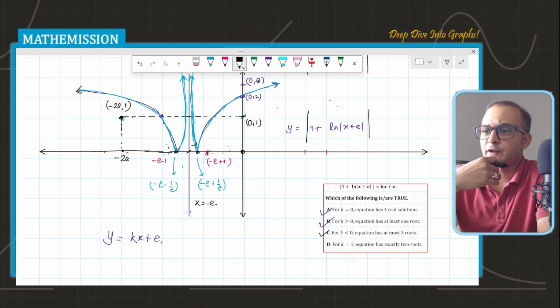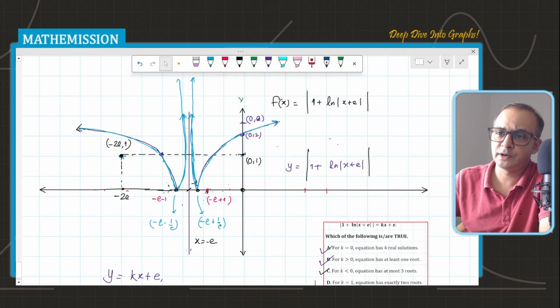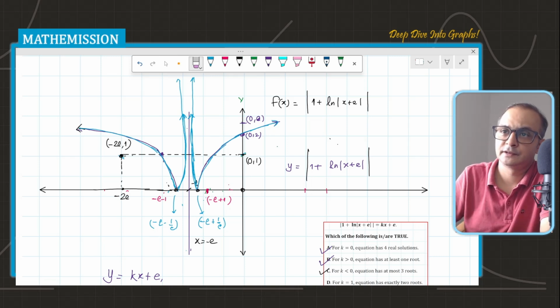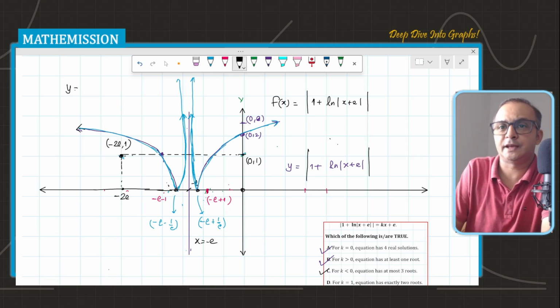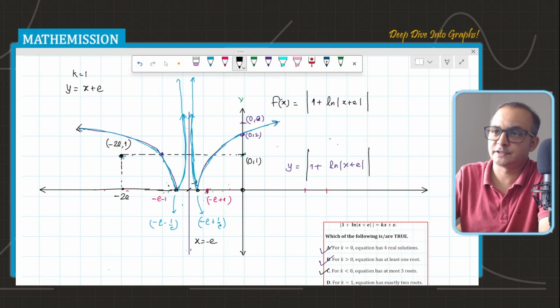Alright, now for k is equal to 1, equation has exactly 2 roots. This is very interesting. For k is equal to 1, what is the meaning of this? If you say that k is equal to 1, I must have a line. Let me write it here so that you can see. So the line is now, for k is equal to 1, y is equal to x plus e. It means the slope is positive and the intercept is still e.